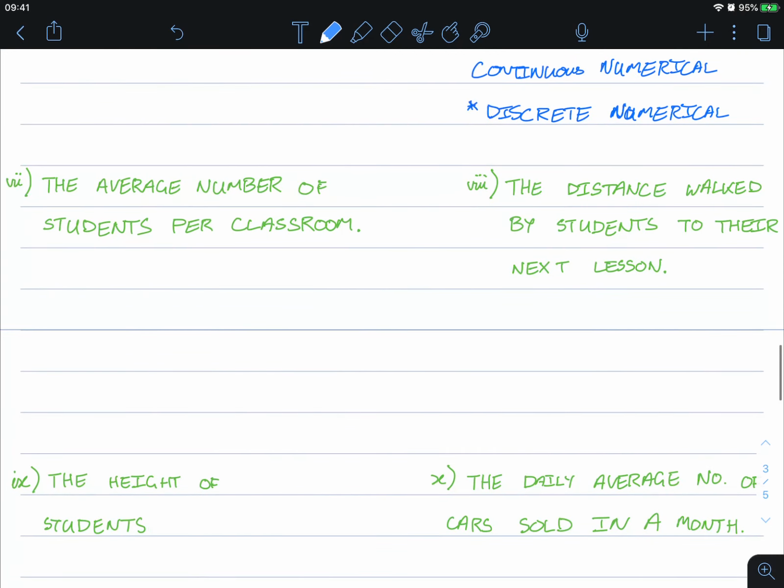Because we're dividing the total number of students by the number of classrooms, it is actually possible to get in between numbers. So this is definitely numerical, but because we're dealing with an average, it is now possible to get a continuous degree of numbers.